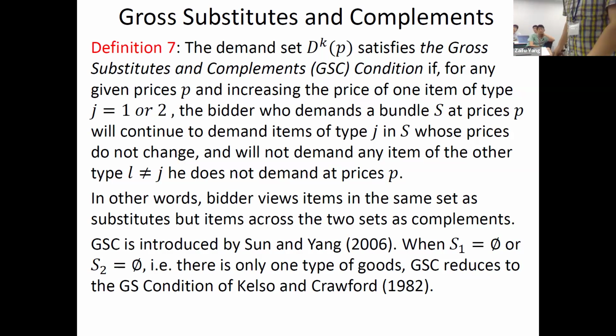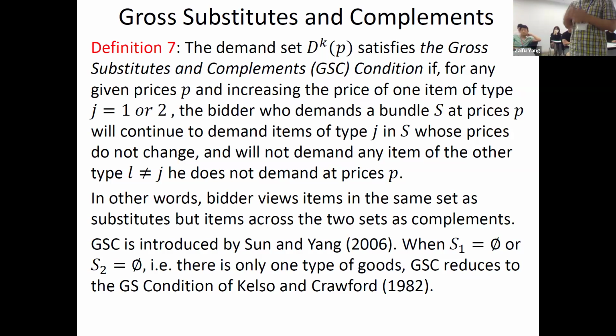So if I increase the price of a chair, I will continue to demand the chairs I demanded before, whose prices have not changed. And for tables, I will not demand any items that I previously did not demand.